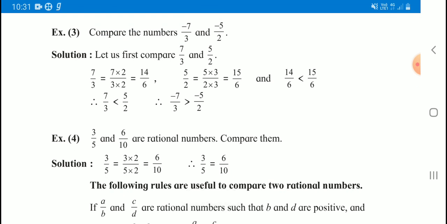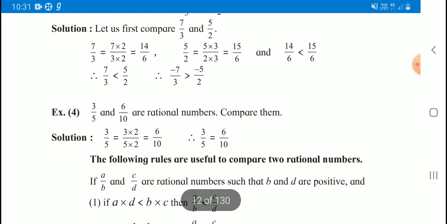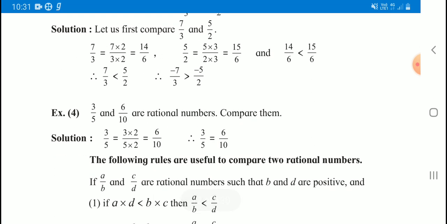Then 7 upon 3 is equal to 7 multiplied by 2 upon 3 multiplied by 2, which is equal to 14 upon 6. And 5 upon 2 is equal to 5 multiplied by 3 upon 2 multiplied by 3, which is equal to 15 upon 6. If we see the rational numbers 15 upon 6 and 14 upon 6, then 15 is greater than 14.